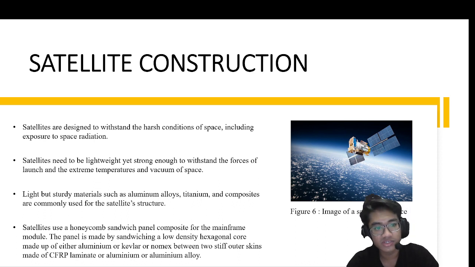Light but sturdy materials such as aluminum alloys, titanium, and composites are commonly used for the satellite structure. Satellites use a honeycomb sandwich panel composite for the mainframe module. The panel is made by sandwiching a low density hexagonal core made of either aluminium, Kevlar, or Nomex between two stiff outer skins made of CFRP laminate or aluminium alloy.